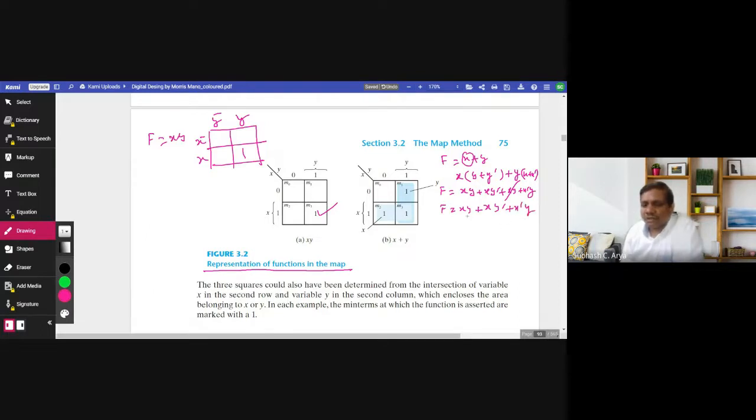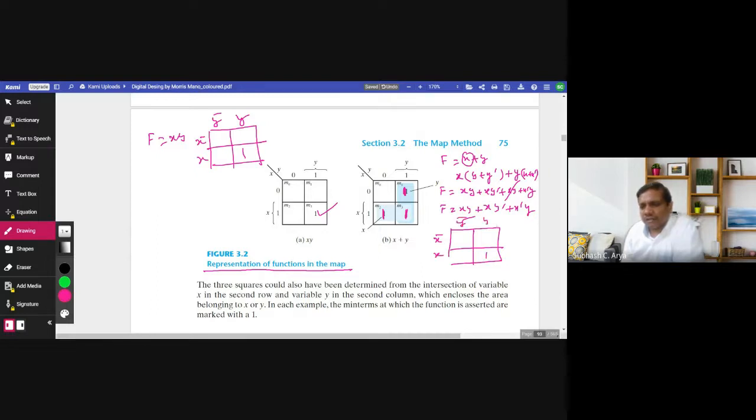Now these 3 minterms can be shown in this Karnaugh map. So xy is here, x y bar, this is x and this is y bar, and x bar y, this is x bar and this is y. So all 3 places we have put 1. Let us write x bar x, y bar y.